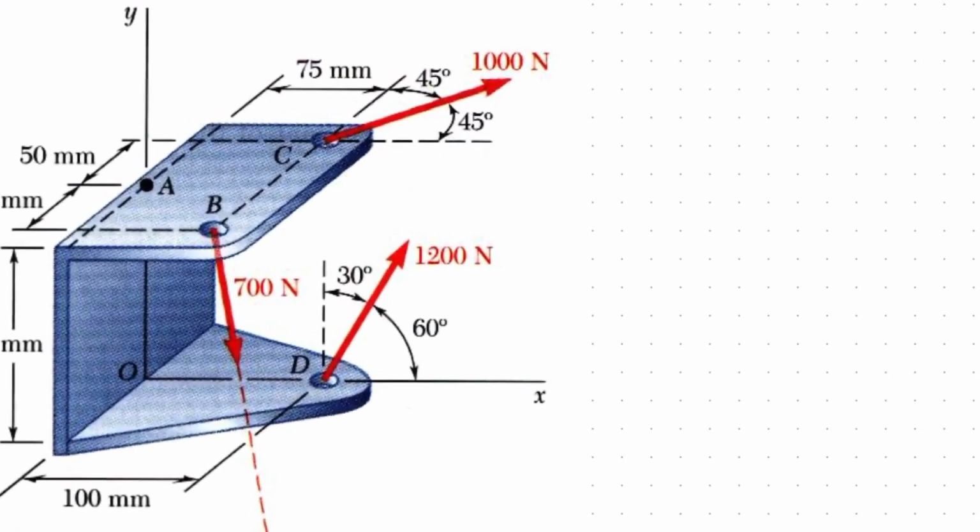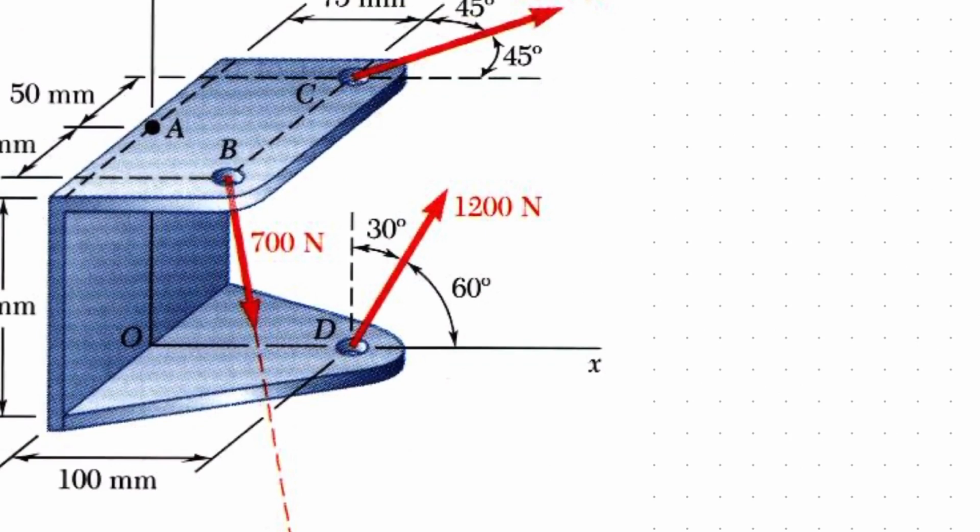Tapos, to get the resultant moment at A, we need to sum up R times F. Vector R times vector F. Sa mga vector R, for this force at point C, again, R is gikan sa point kung aha ka magkuha og moment padulong sa force.